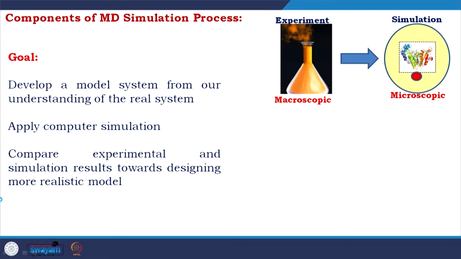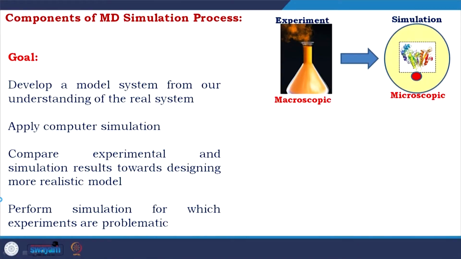Then you perform an experiment, you perform a simulation, you compare these two sets of data and develop a more realistic model. This is a never-ending process. The more you explore, the better the model system will be. Once we get good results from simulation, we use this simulation to perform experiments which are problematic.